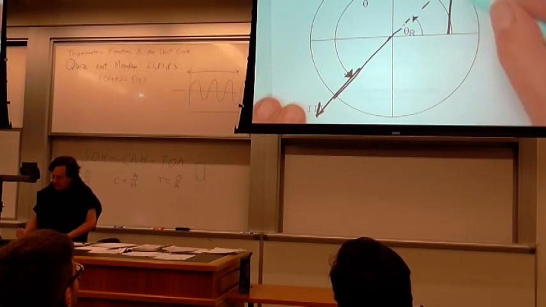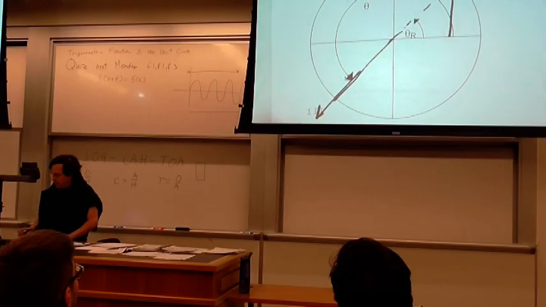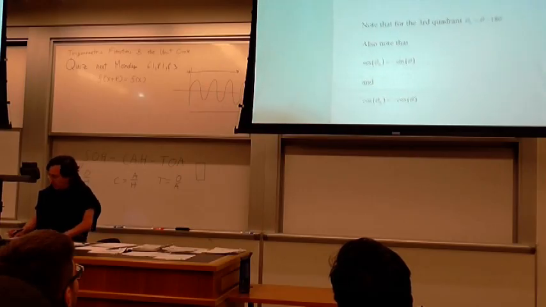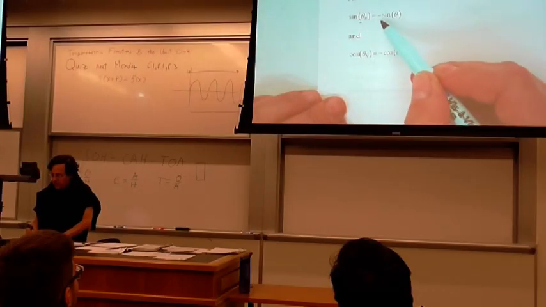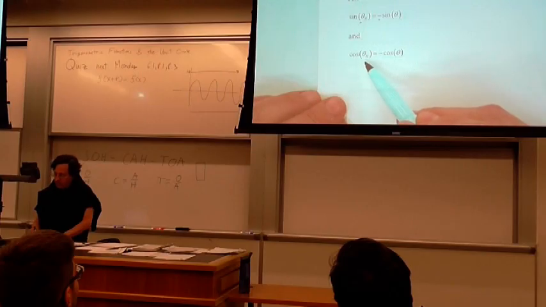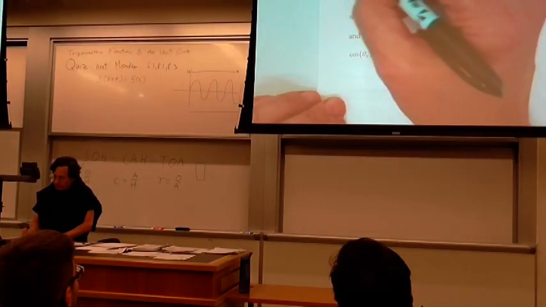Here it's a little simpler. The sines and cosines are just the opposite, the negative of the reference angle's. In particular, the sine of the reference angle is the opposite of the sine of the angle, and the cosine of the reference angle is the opposite of the cosine. Again, this is for the third quadrant.